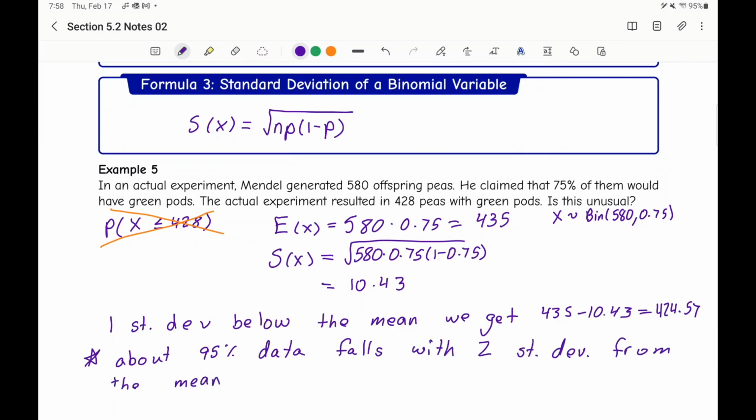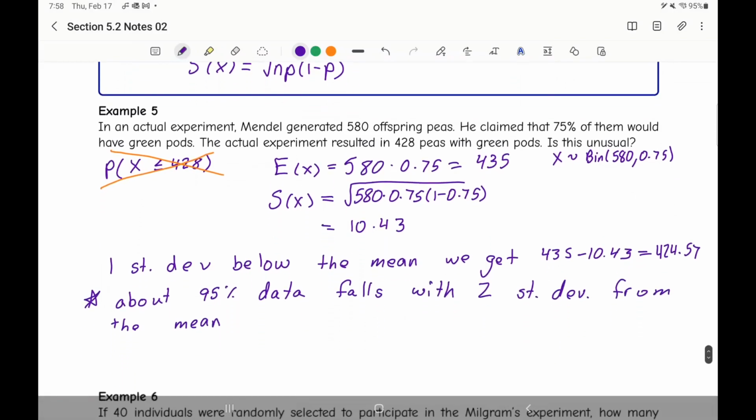So if 1 didn't work, I would check 2 next. But if it's further than 2 away, then yes, it would be unusual. Not impossible, just unusual. So is this unusual? No, this is not unusual.